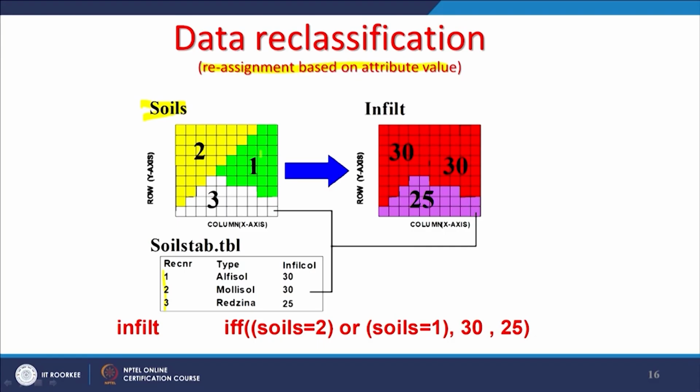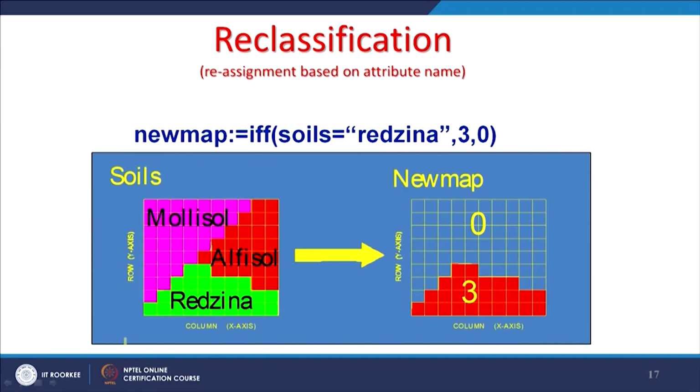If two adjacent areas have the same infiltration value like here, then on screen they appear as one single polygon, but in the system each cell is stored completely differently. So, if this condition applies, we can do that kind of reclassification.